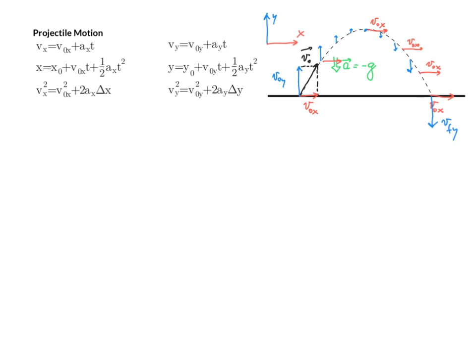Now, since there is no air resistance, or we assume that there is no air resistance, the motion is symmetrical. So this initial velocity in the y direction has the same magnitude as the velocity in the y direction at the very end. If I were to draw a horizontal line over here, then I would know that this velocity in the y direction has the same magnitude as that velocity in the y direction.